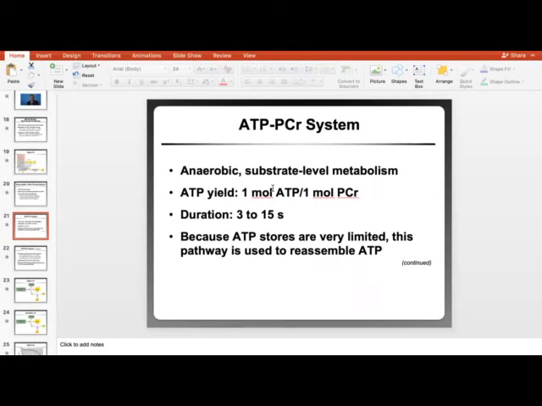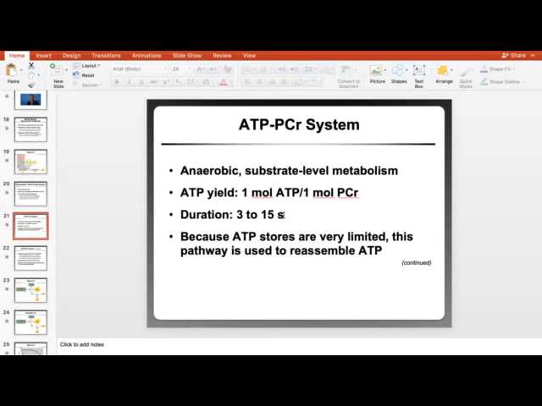Probably this is the kind of system that the smallest organisms back in the day used, but then the organisms realized that they don't have to use phosphocreatine. There are other things they could use, right? In any event, this phosphocreatine system is only used for the first 3 to 15 seconds of energy, and usually we're doing longer than that.